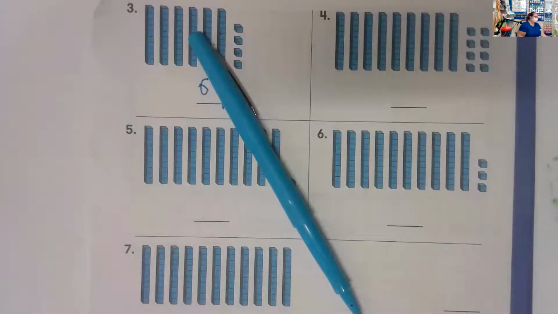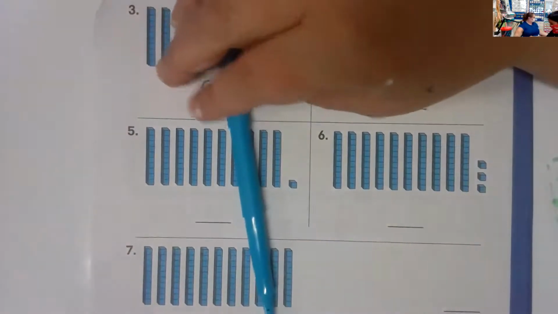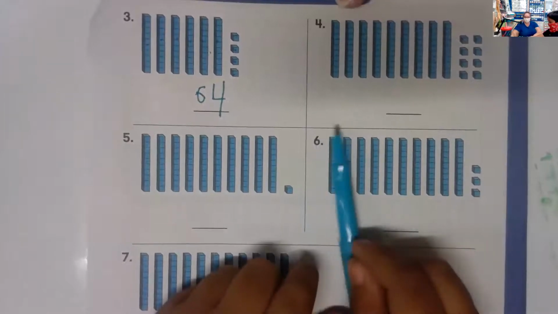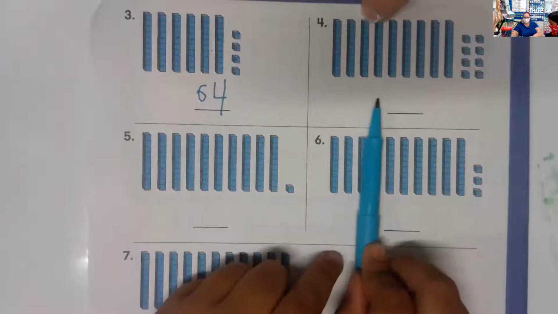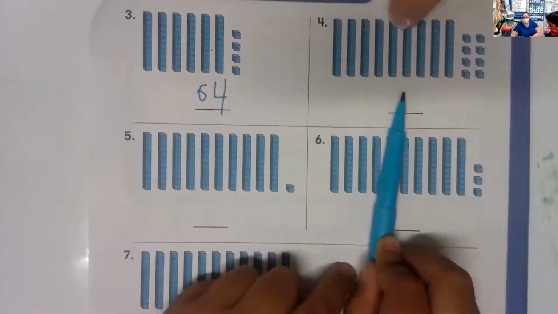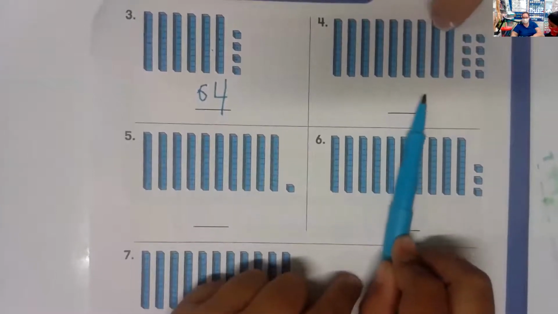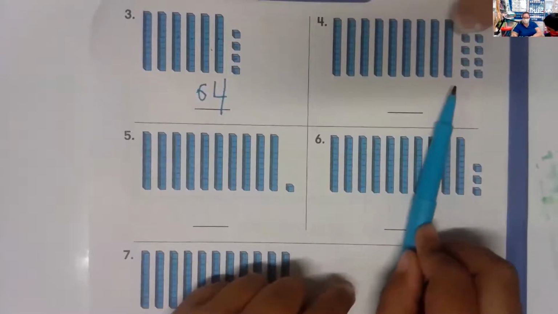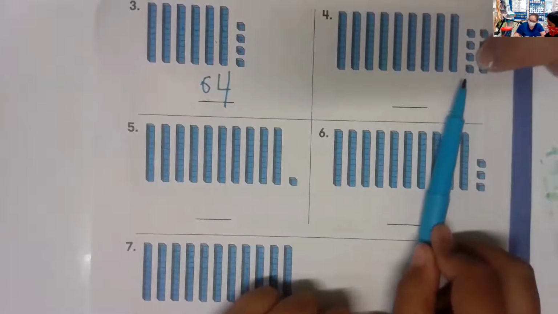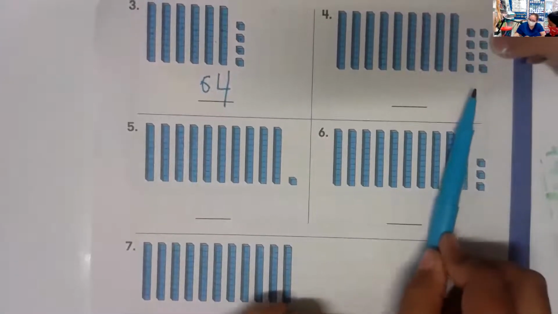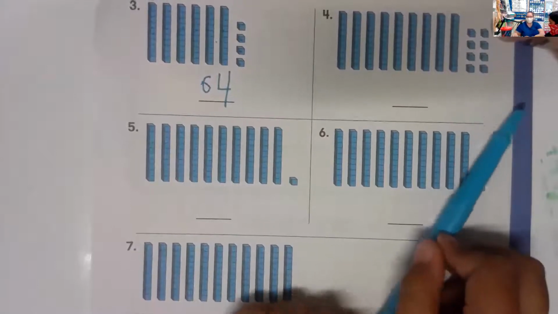Okay, go ahead. When she's all done. Okay. All right. Ready? 10, 20, 30, 40, 50, 60, 70, 80, 90, 91, 92, 93, 94, 95, 96, 97, 98.